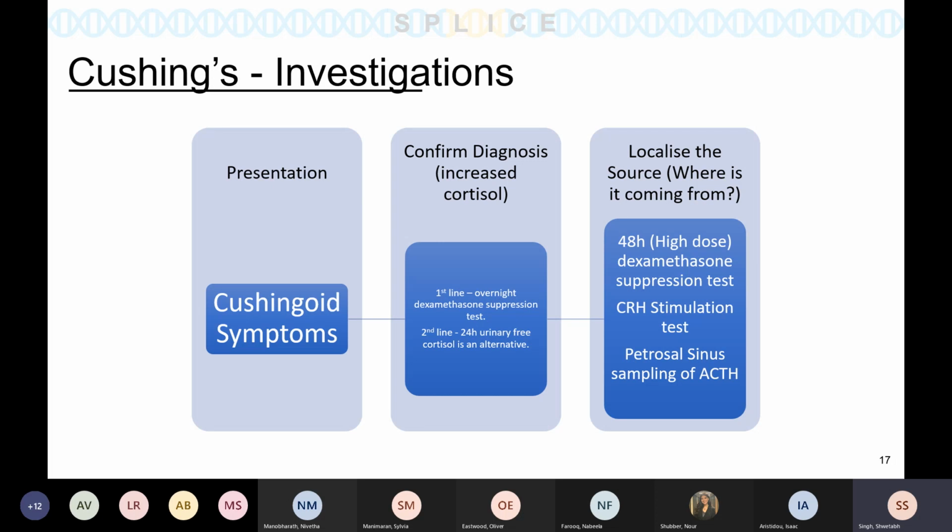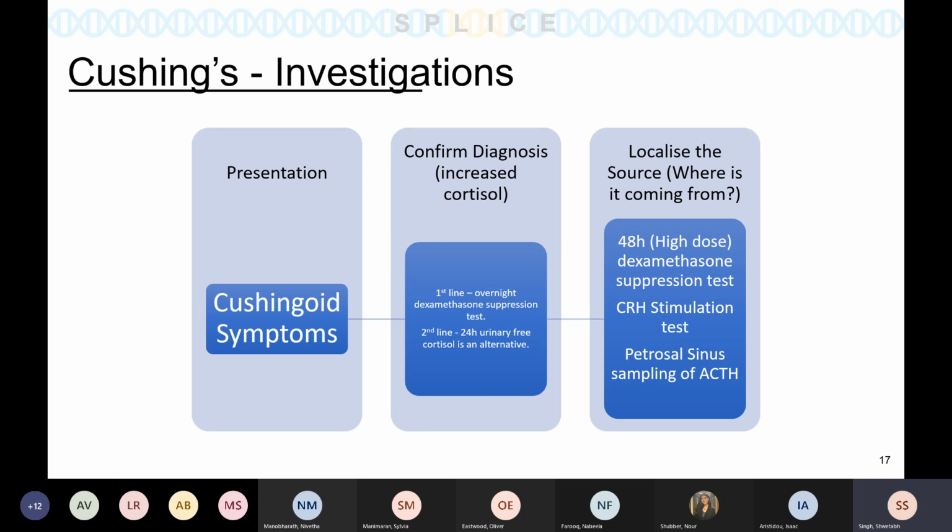Okay, so looking at Cushing's investigations, now this used to confuse the hell out of me. I've tried to lay it all down in a really simple way, so sorry if I'm teaching you to suck eggs, but this is how I learned it. So presentation, you've got your Cushingoid symptoms, which you've gone through. Now, you want to confirm the diagnosis. You want to know basically, is there increased cortisol? First line would be an overnight dexamethasone suppression test.